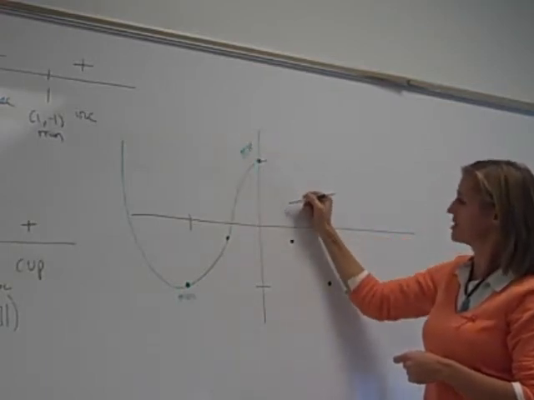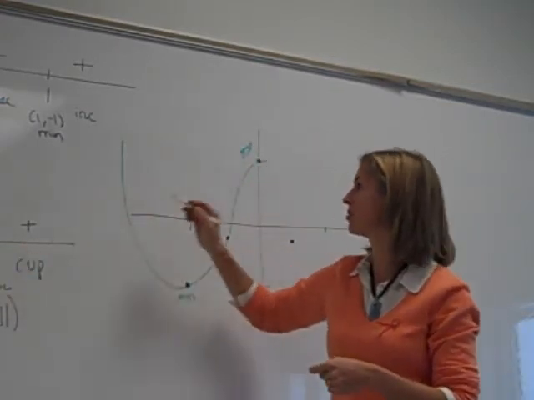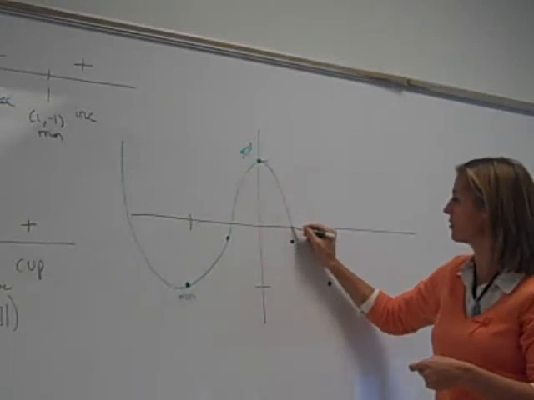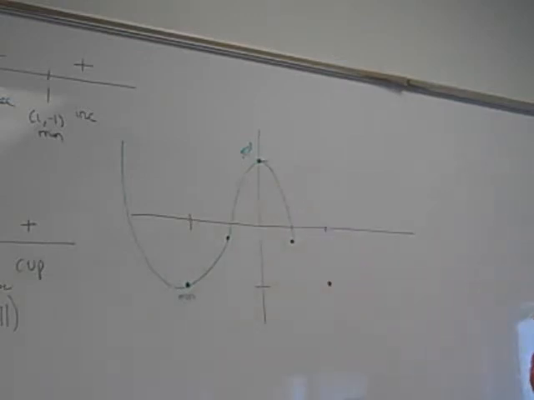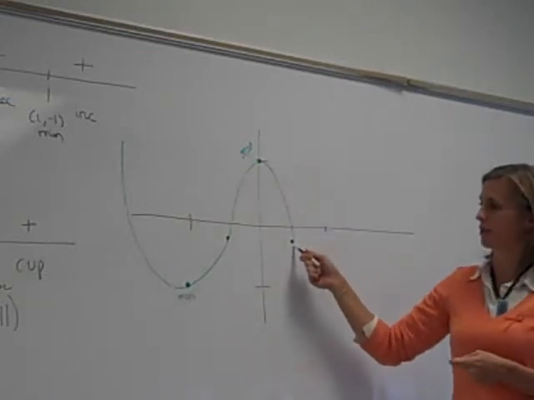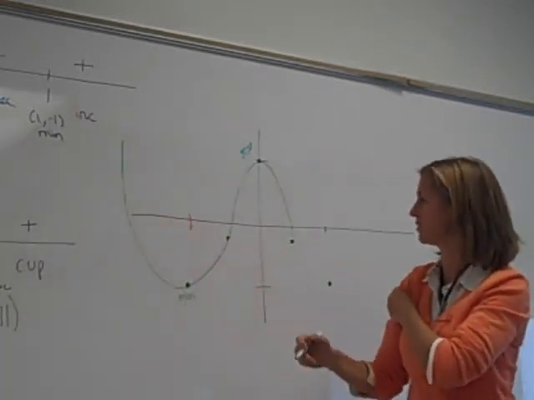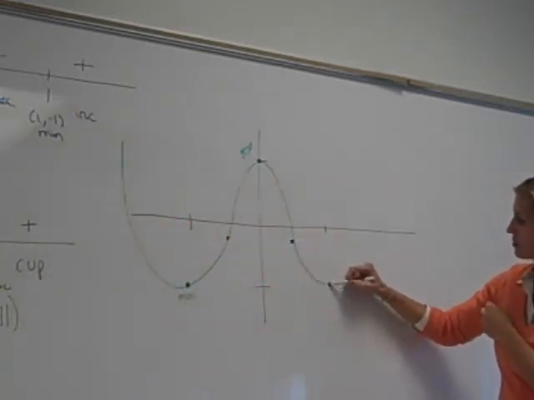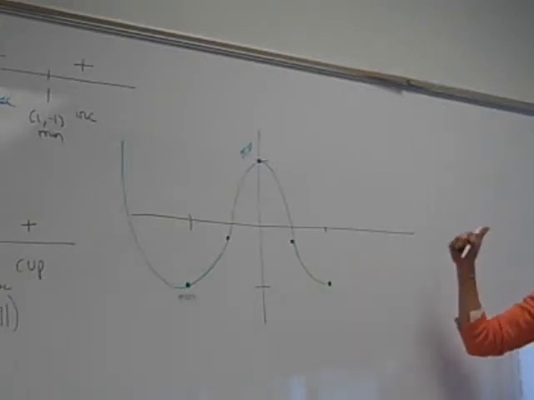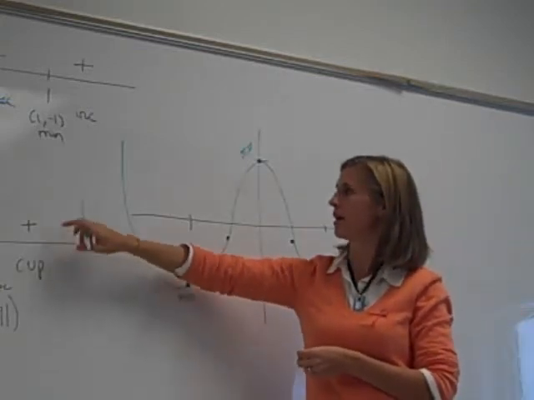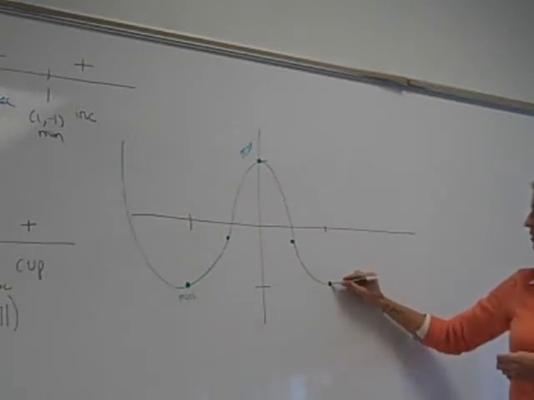So I'm going to start going down, but I'm still concave down, so my loop still stays nice and smooth. At the square root of 1/3, I have a point of inflection, my concavity changes, but I still keep decreasing. So I move this way, and then past 1, I'm concave up, and I'm increasing now.